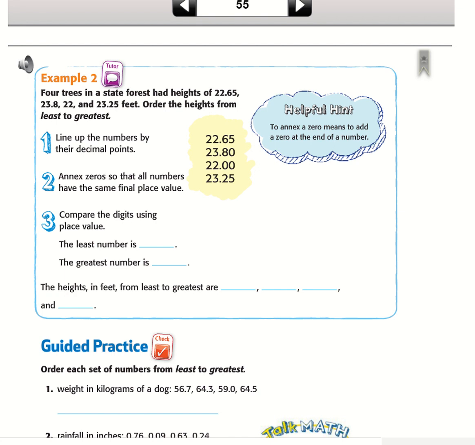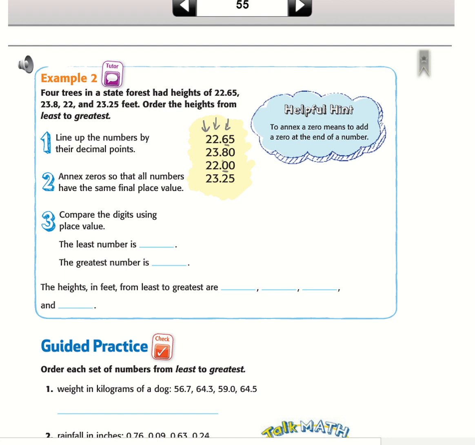So we did number 1, we did number 2. Number 3, compare the digits using place value. So we're going to look at the tenths place, they're all the same. The ones place, we have a couple of 2s. So I'm going to look at my tenths place, and 0 is less than 6.